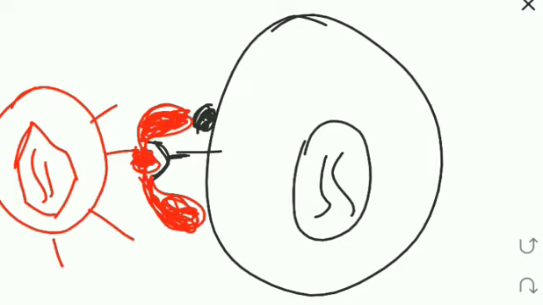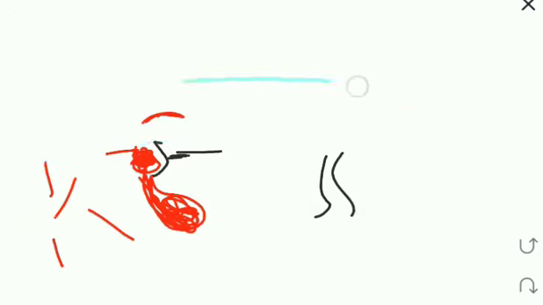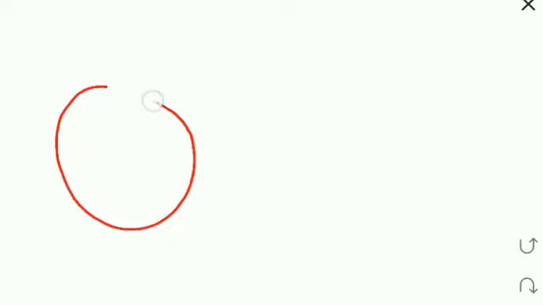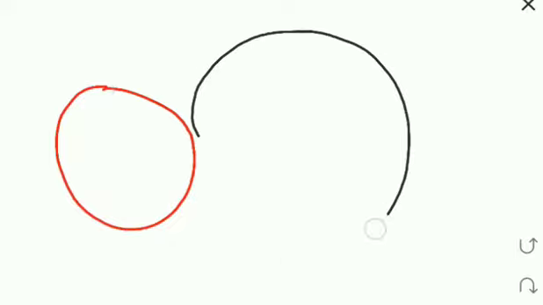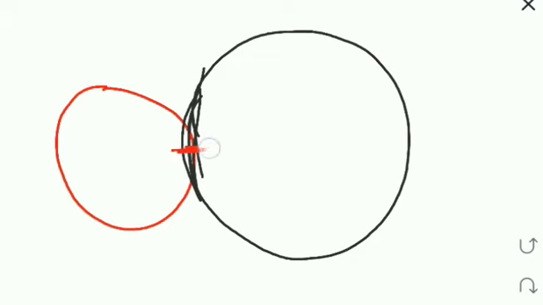After this, what happens? Both the cells have come together, very close, and now the GP41 part helps in the fusion of the two membranes.